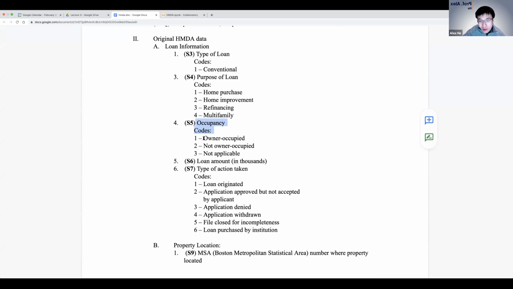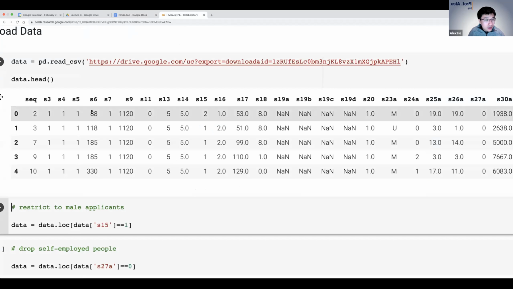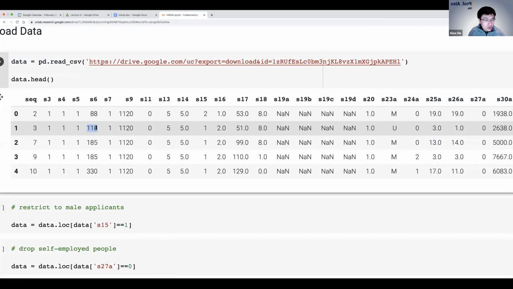So one means owner occupied, and that's the most common type. And then 2 is not owner occupied, and 3 is not applicable. And S6 is the loan amount. So you have like 88, 118. I think this is in terms of thousands. Okay, so this is our data.